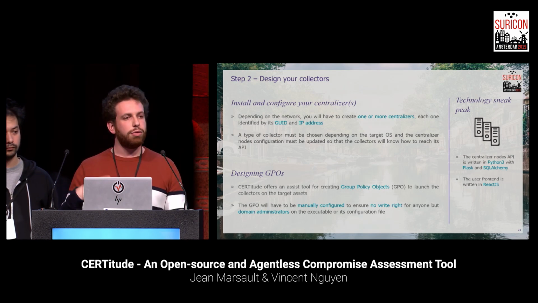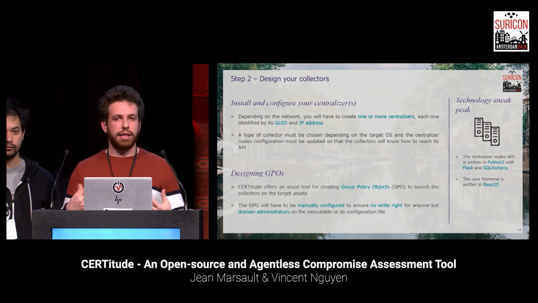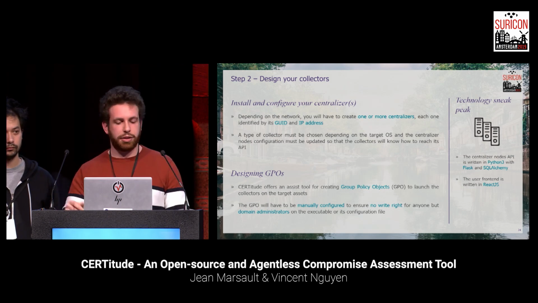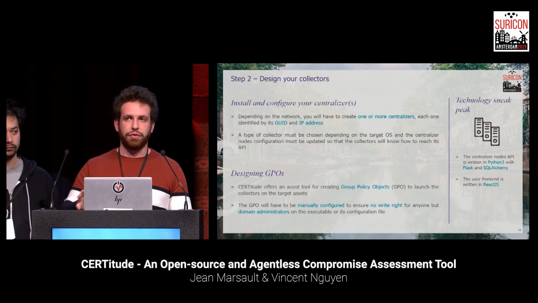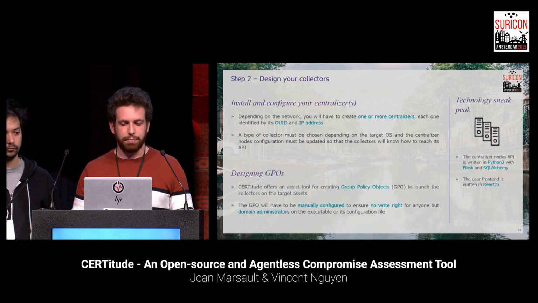For now, the only tool that we will provide is a tool that assists you in writing the GPO, but you will still have to interact with your Active Directory to install the GPO and configure it so that no other person than the domain administrators can modify them.